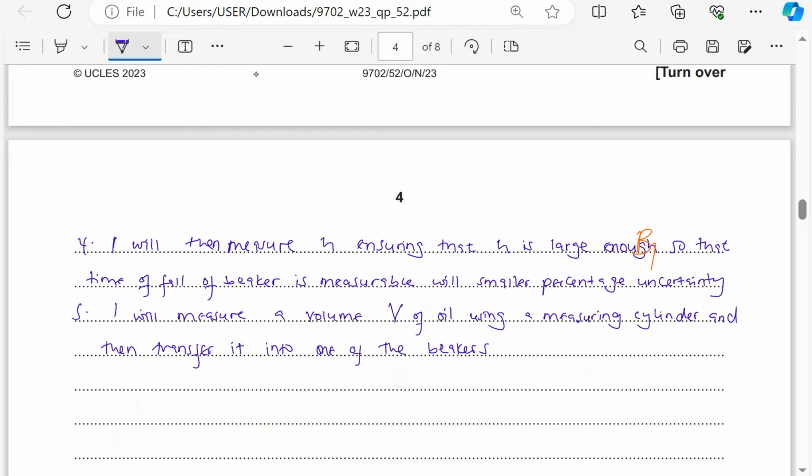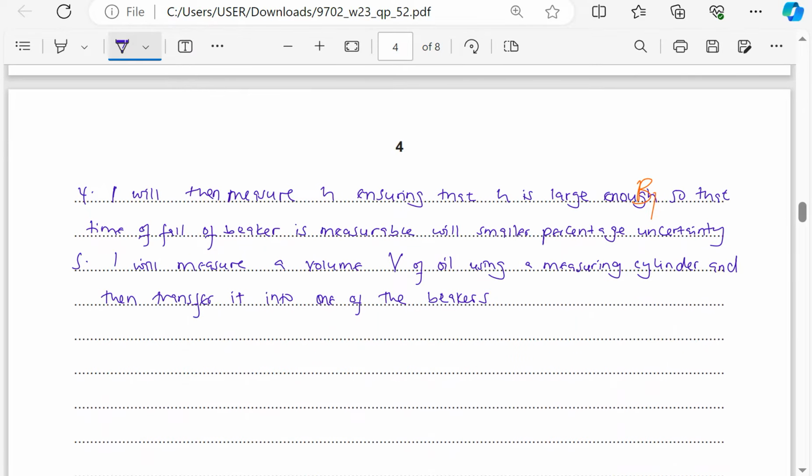So 5 could come before 4, there's no problem with that. You would first measure V, then you measure H, and so on and so forth, but the order doesn't matter. So I'll measure volume V of oil using a measuring cylinder and then transfer it into one of the beakers. Okay, so that is automatically a B1 mark.